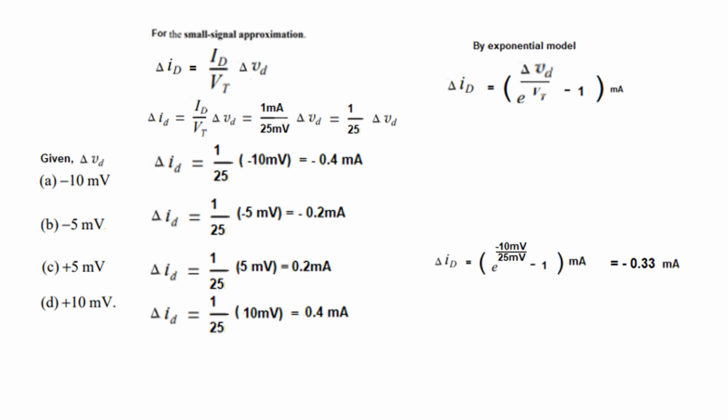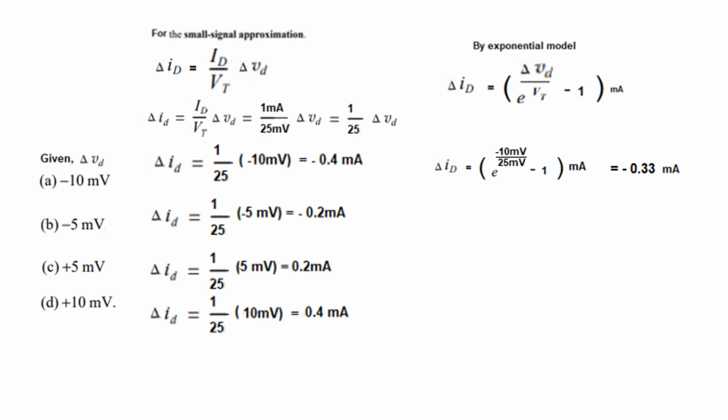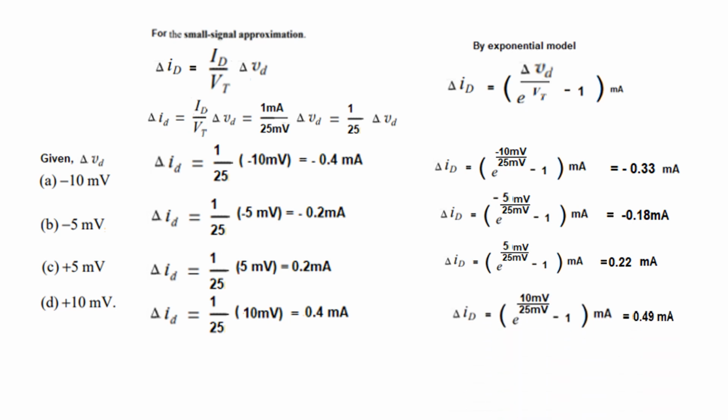Now for the exponential model we have to do a little calculation. You can see that delta Vd, if we are using this, is minus 10, and Vt is 25 millivolt, and by solving this we get this answer, minus 0.331. And similarly for all others, here we are using minus 5 millivolt, plus 5 millivolt, and plus 10 millivolt.